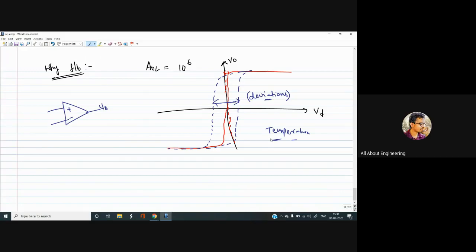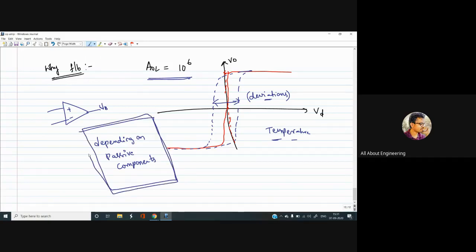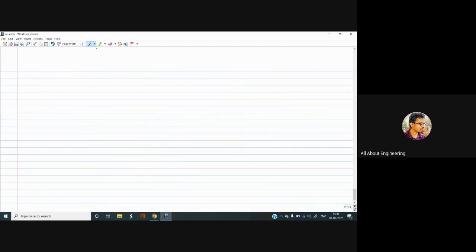So they thought, instead of making such a huge gain, what if we can make the gain of the amplifier depend on the passive components? From this, the idea of the next circuits that we are going to see was developed. Strictly, the gain will rely on the passive components itself.